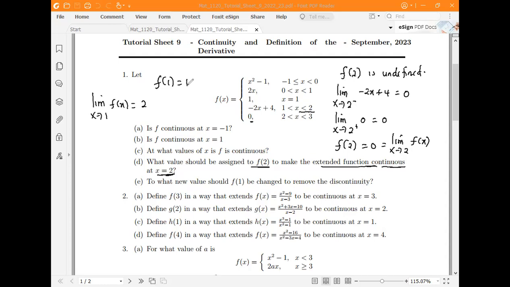This question is asking what new value f of 1 should be changed to in order to remove that discontinuity. So you say, okay, I will change f of 1 to positive 2.